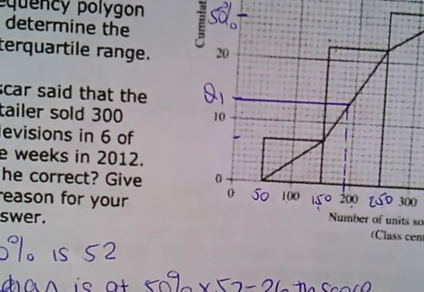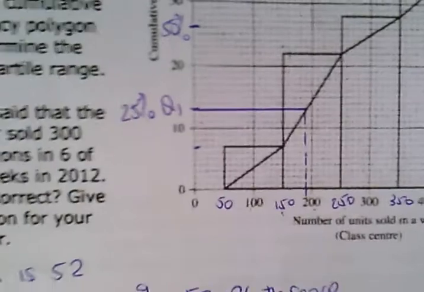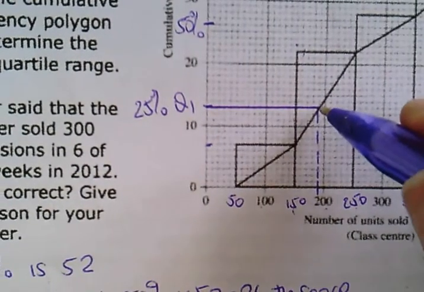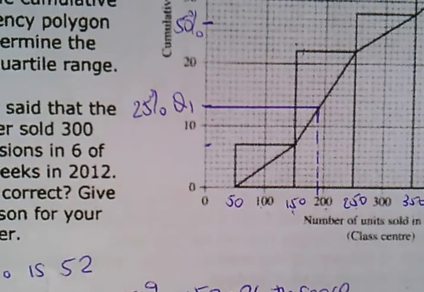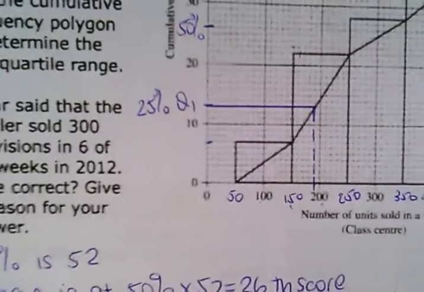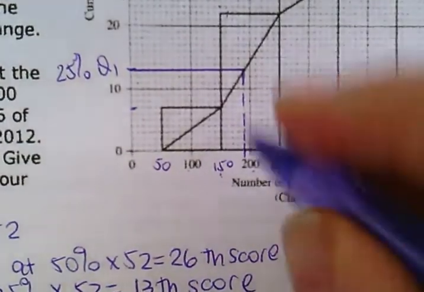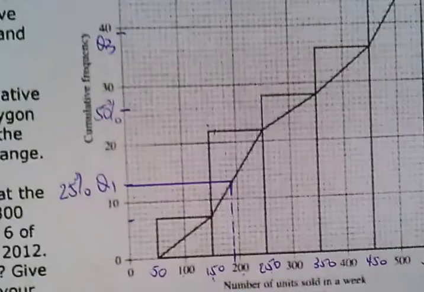So coming across at the 13th number, 25% mark at 13, hitting the line graph or the polygon, and coming down, I am just before 200. That's one box before 200. The boxes go up by tens. So Q1 is 190. Can we see that? So Q1 is 190.